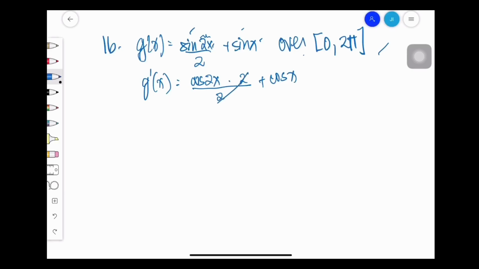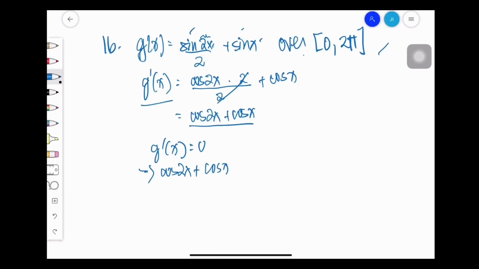Now, this will cancel out, so we have cosine 2x plus cosine x left. Now, the critical numbers are the zeros of this function. Hence, to find the zeros of this function, cosine 2x plus cosine x, we equate them to 0.